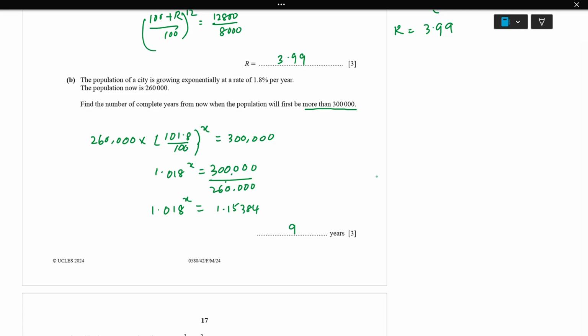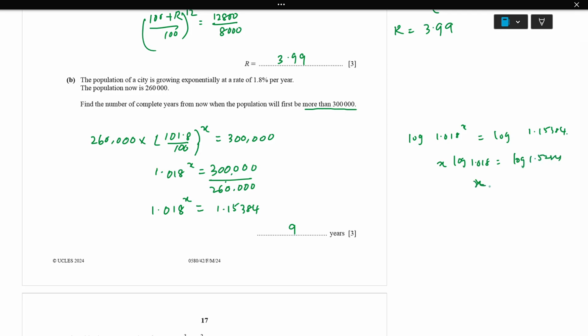We can use another method also, the logarithmic method, where on both sides we take log of 1.018, but it's not in your syllabus. Log of 1.15384, or we can write the entire value 300,000. Then x times log 1.018 equals log of 1.15384.